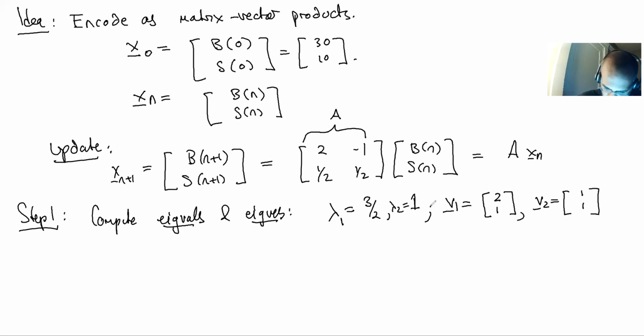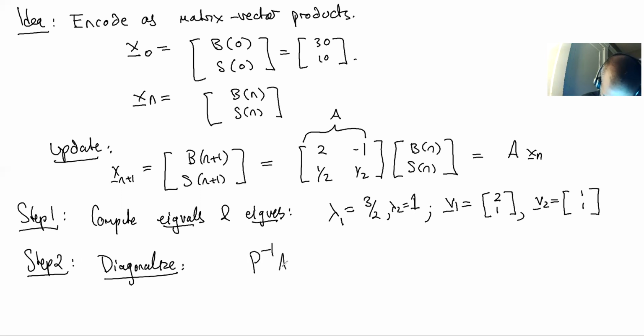And now step 2 is to diagonalize. So I know that P inverse A P is equal to the diagonal matrix of eigenvalues, for P being the matrix of eigenvectors, so (2, 1, 1, 1).